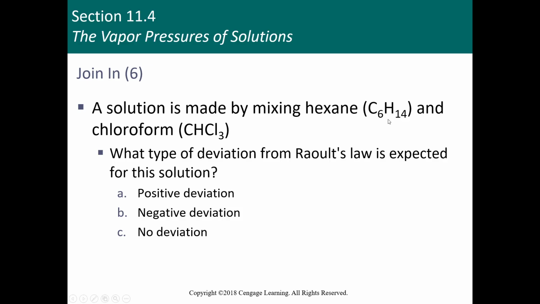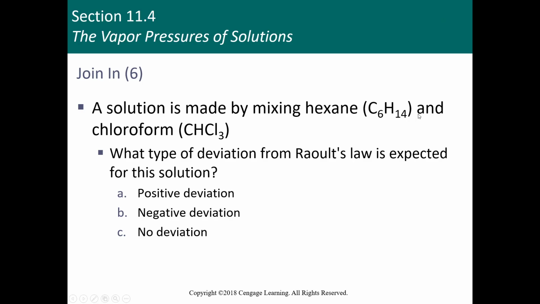Hopefully when you look at this, or at least hexane, given the half dozen times I seem to have used it, you go, hey, that's nonpolar. And this chloroform right here, hopefully when you see a hydrogen with a bunch of chlorines, you go, oh, that's probably polar. Anyways, so you have a nonpolar and polar substance.